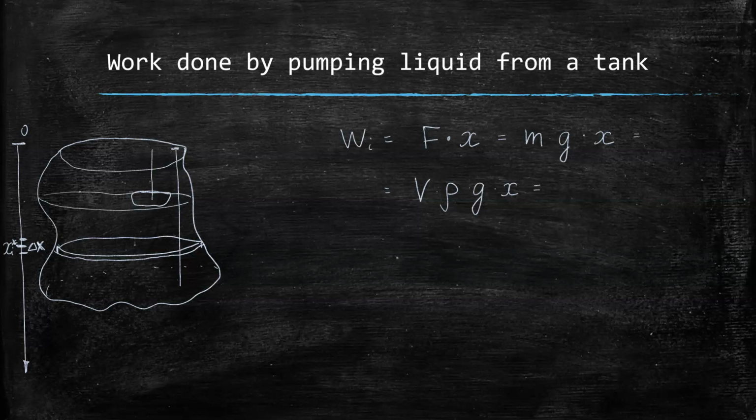The volume of the layer of water can be found by taking the area of this cross section and multiplying it by the height, which is delta x. So we're literally taking the height multiplying by the area of the cross section, which computes the volume of that cylinder. And this is where delta x comes into play.